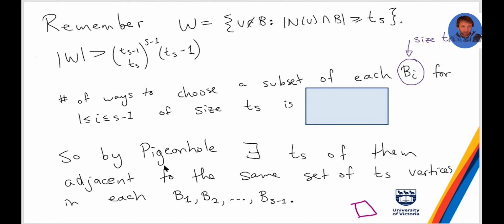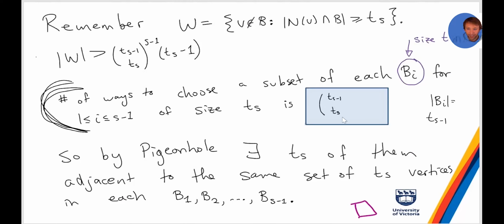Here's the counting thing. Let's forget about Erdős–Stone for a second. How many ways are there to choose a subset of B_i of size T_s for all i? Remember that the size of B_i is equal to T_{s-1}. For each of them, I'm going to choose a set of size T_s.